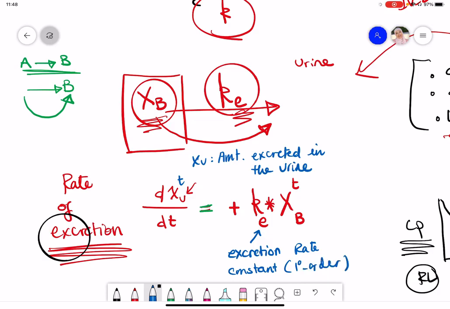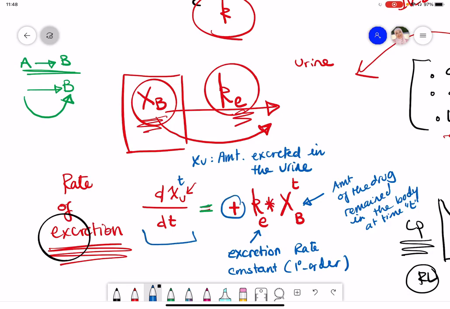And this is the amount of the drug remaining or available in the body at time t. So now I have this equation in terms of the rate of excretion. It's positive because the amount is increasing in the urine with time, and I have it in terms of the excretion rate constant and the amount in the body.